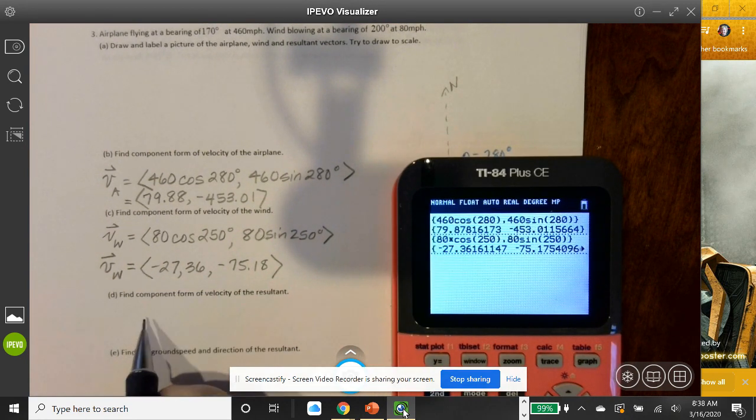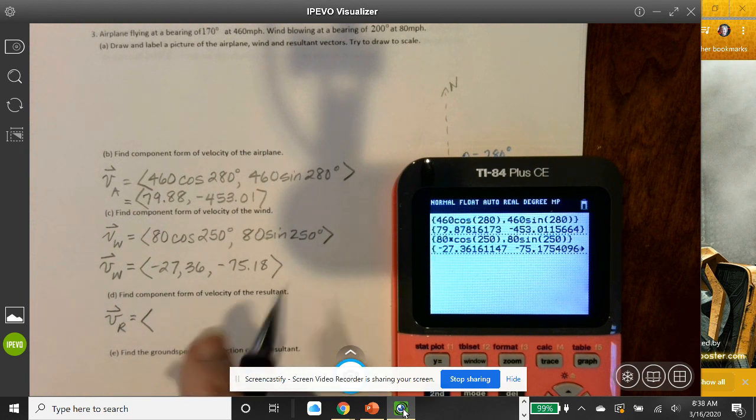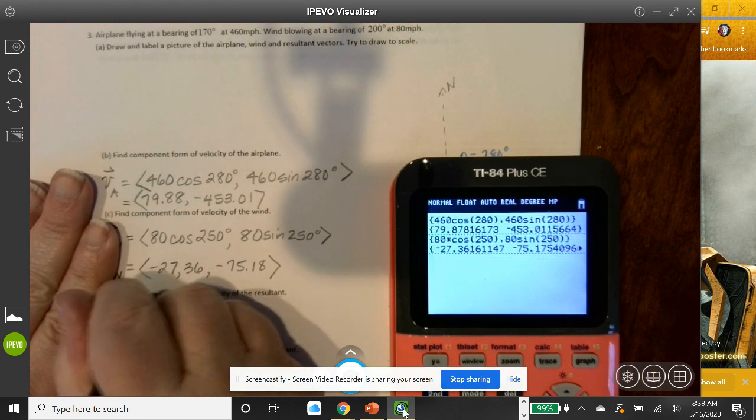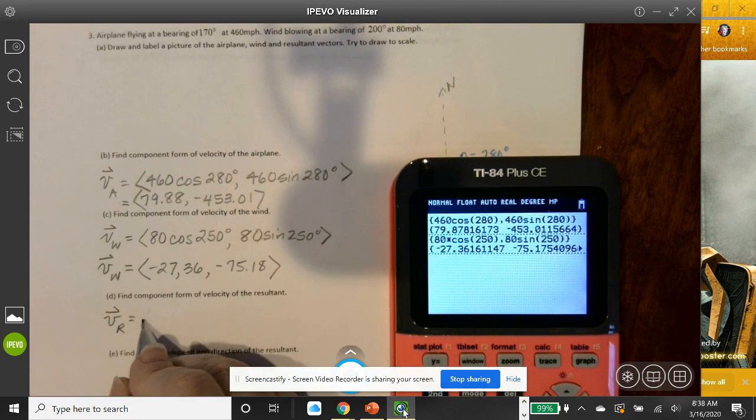All right, so now I want the component form of the velocity of the resultant, which is nothing more than adding these two vectors together. So this would be the velocity of the airplane plus the velocity of the wind.